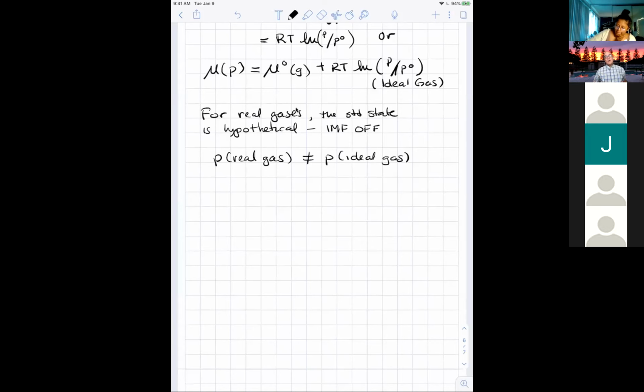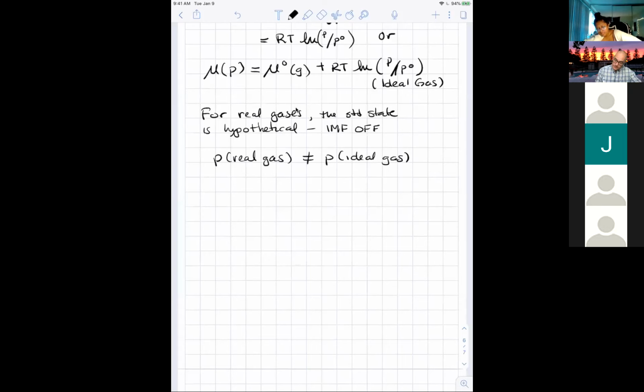And we might want to take an extreme case, right? You might want to think about water vapor or ammonia vapor that has hydrogen bonding and strong intermolecular forces, where clearly the pressure of an ammonia gas is going to differ from an ideal gas of the same mass and the same temperature because of the forces, right? So this should be clear to you.